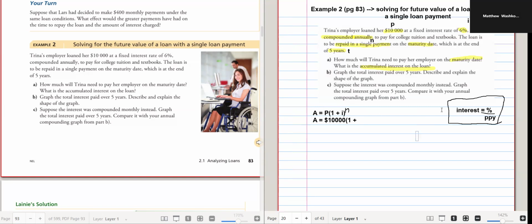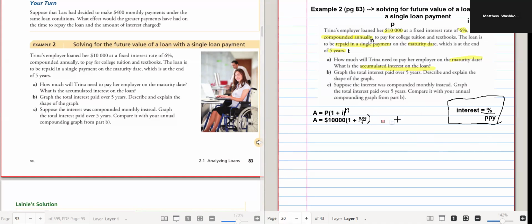So that is plus the percentage, 6% as a decimal. And she's paying how many times per year? Once. It's compounded once. Now it's to the power of n though, right? Really easy to make mistakes. So that's to the power of 5.